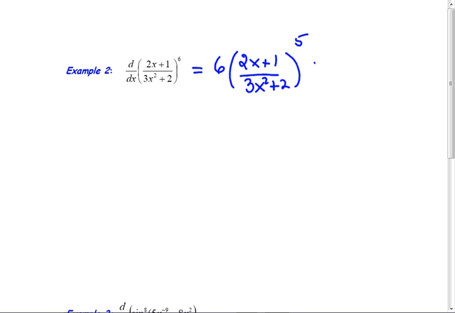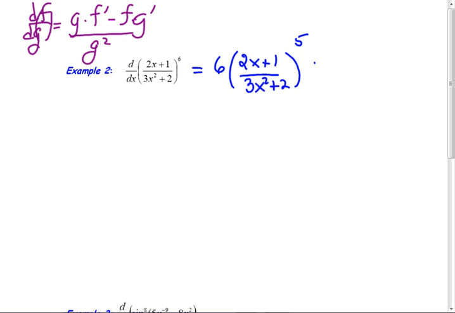Do you remember the quotient rule? There. G times f prime all over g squared. Okay, so it's the denominator, which is 3x squared plus 2. Now, you guys are really lazy about your parentheses. Don't be lazy. It's not right without them. Times the derivative of the numerator, which is 2.